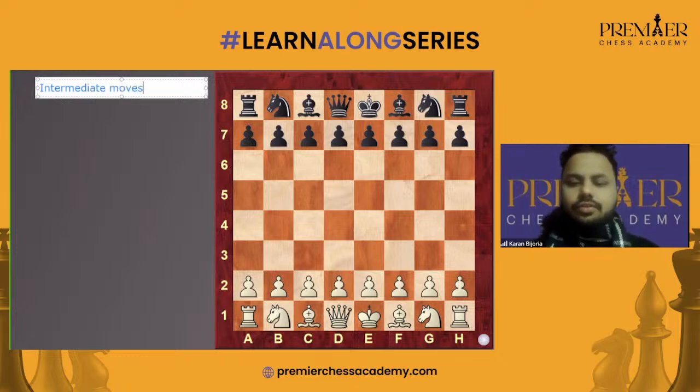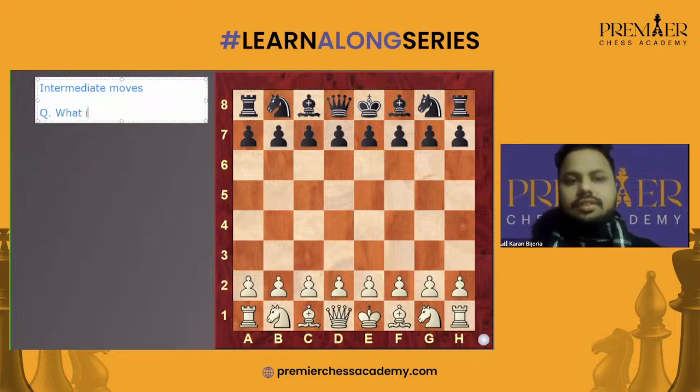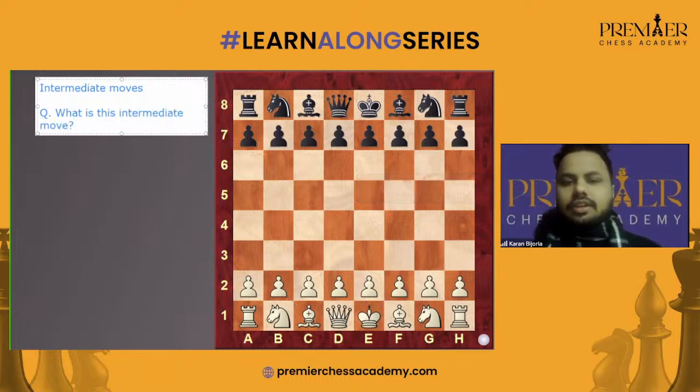So first of all, the question arises, what is this intermediate move? The answer for this is very easy, but a little bit complicated also. We have to see very complicated positions, and because of that we are going to learn these intermediate moves.